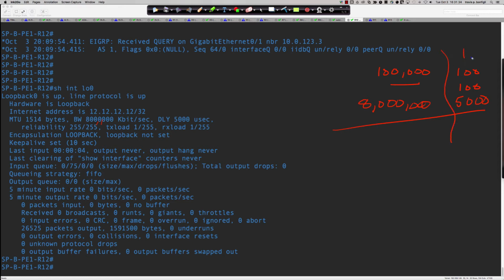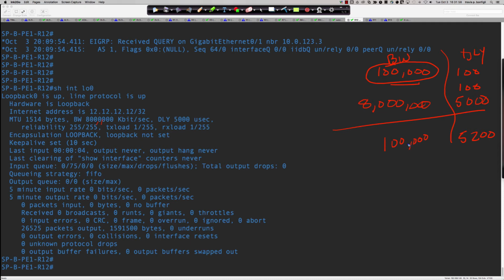I've got my delay, and I've got my bandwidth speeds, and there's no question, right, which is slower. Is 100,000 kilobits per second slower than 8 million? This is kind of a gimme, right? So we've got 100,000 here. And we've got 5,200 here.